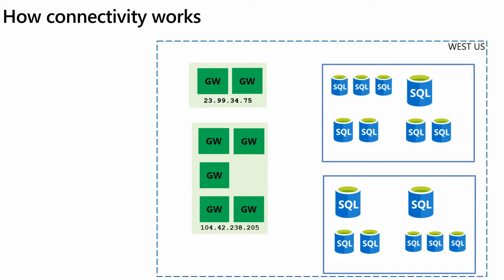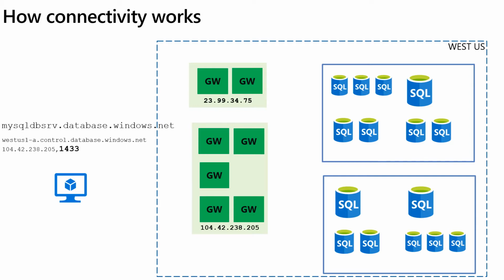So let's see what happens when you try to connect to SQL database using your servername.database.windows.net. This will typically resolve to one of the gateway IPs in the region, and then to a port, which will be 1433, the default port on which we are listening for connections.